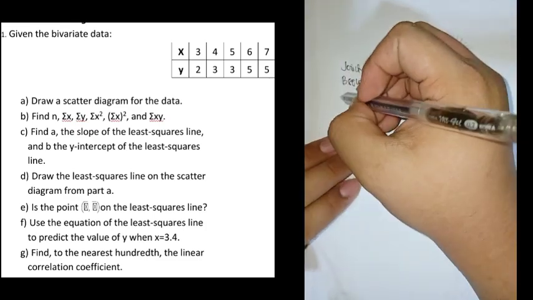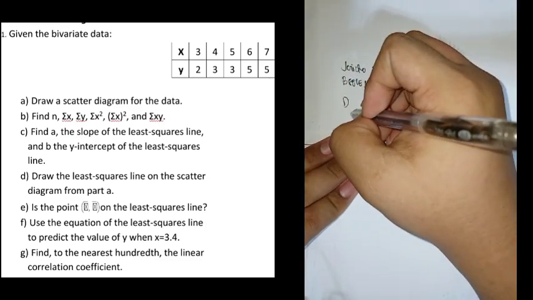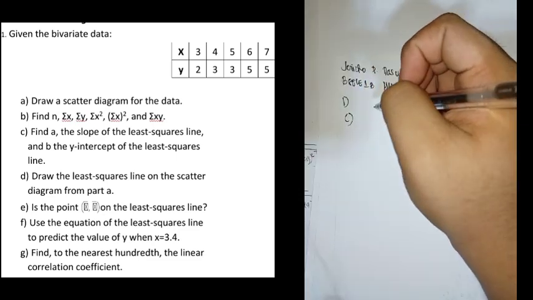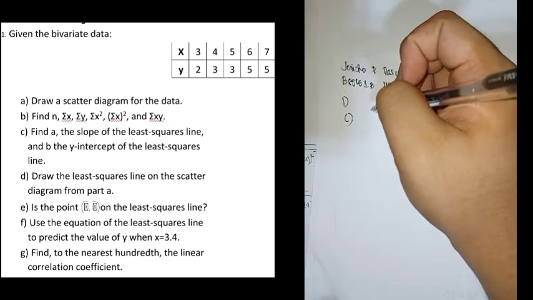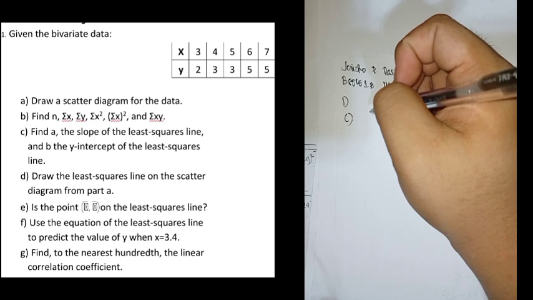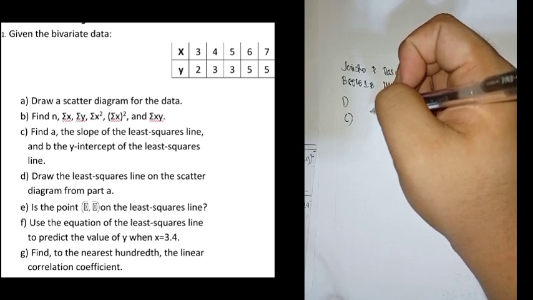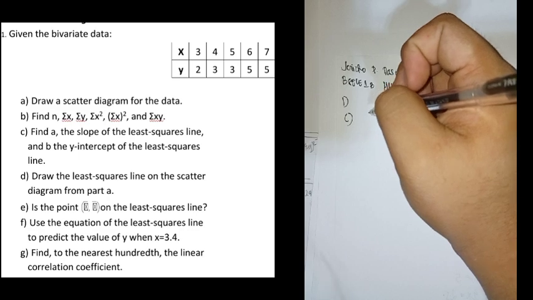For the continuation of problem 1, we are now in part C, which is to find A, the slope of the least square line, and B, the y-intercept of the least square line.